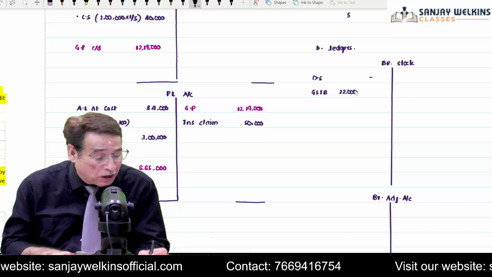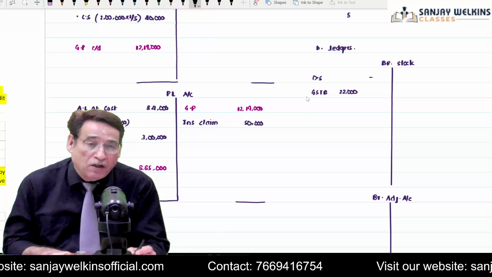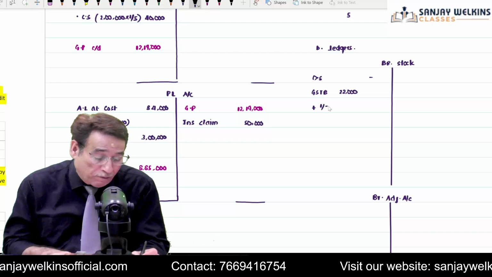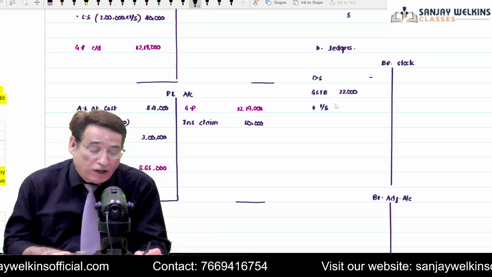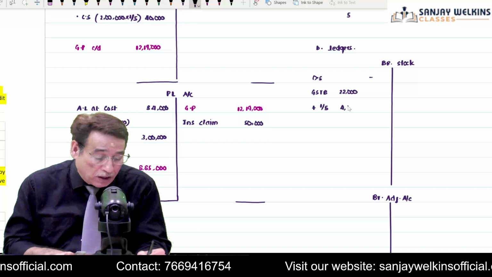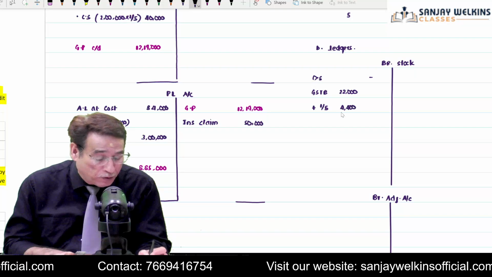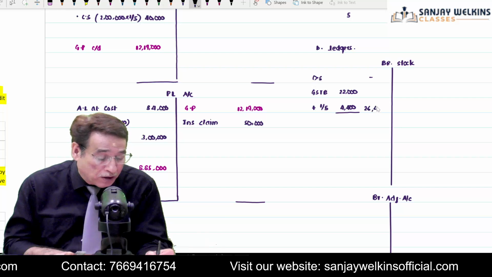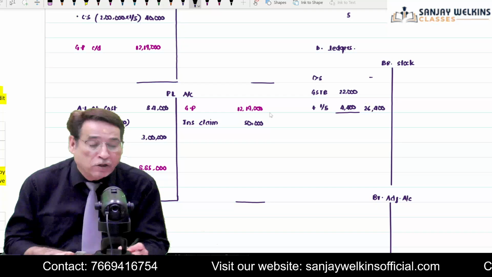So I need to convert it into invoice price. In order to convert it into invoice price, I will have to apply the rate of loading on cost, which is 1 by 5, isn't it? And if I am going to compute 1 by 5 of 22,000, it will be equal to 4,400. So 26,400 will be the amount at which goods are being invoiced to the branch.